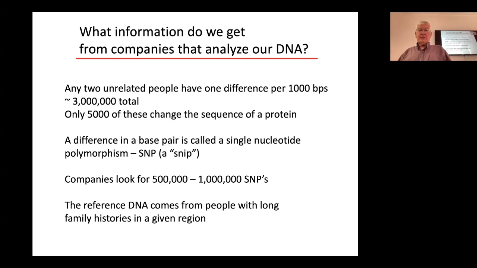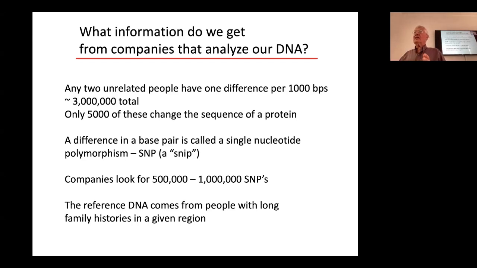The other really surprising thing is that of these 3 million changes between any 2 of us, only 5,000 of these actually change the sequence of a protein. So you might think, I've got 3 million mutations, how am I surviving? Well, most of those are not in coding regions.